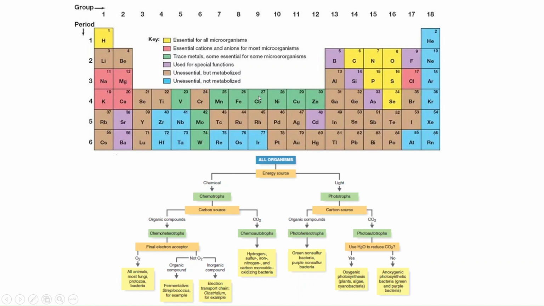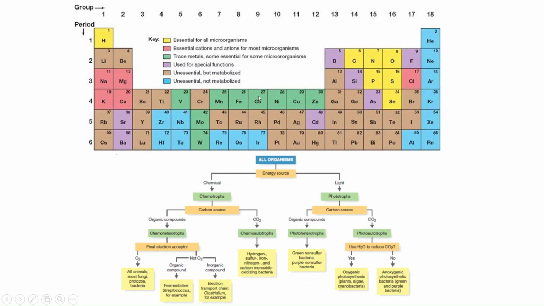So they are known as trace metals. And you can also see few things mentioned as unessential that can be metabolized and that may not be metabolized also. So these are not generally essential for the biochemical reactions to take place.